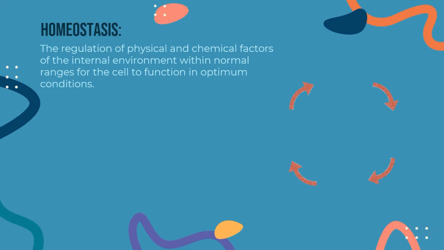It is the regulation. A regulation of what? Regulation of physical and chemical factors in the internal environment. So what is the internal environment? So internal environment refers to the space between the cells. Space between the cells. Alright, so the regulation of the physical and chemical factors in the internal environment is very important.